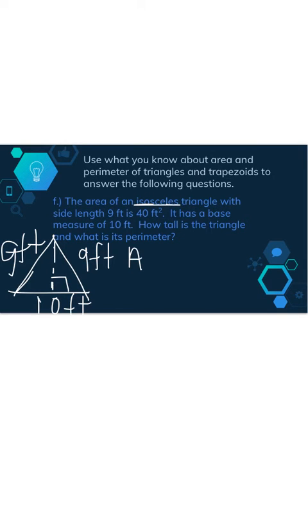Remember that the formula for area is 1/2 times the base times the height. We know the area is 40, so you bring down the 1/2. We know that the base is 10, but we don't know the height, so we'll keep the h. To solve this, you can bring down your 40 and the equal sign, and 1/2 of 10 is 5, and then bring down your h.